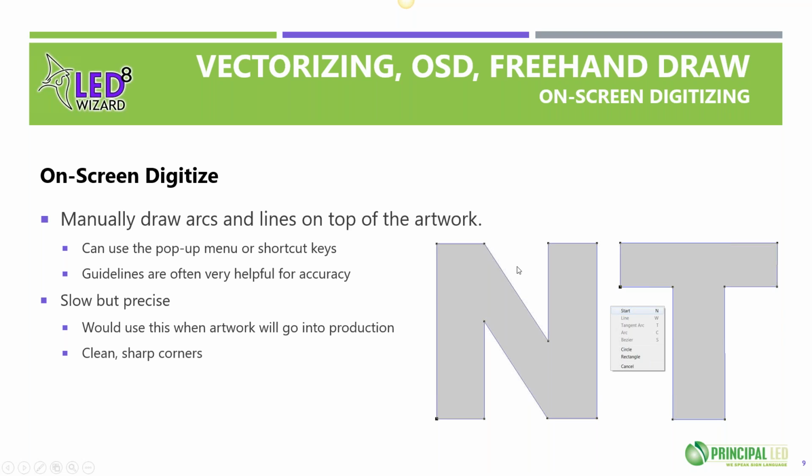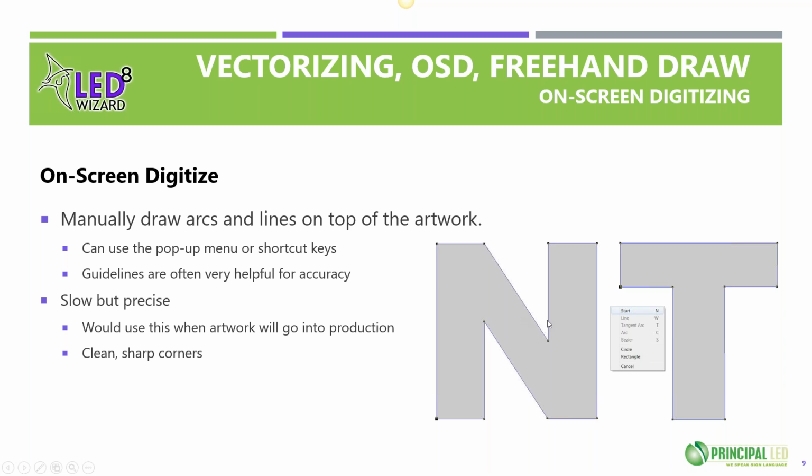You can either use this menu or use shortcut keys, right? So N for new, W for line, T for tangent arc. Basically, you position the mouse where you want and either click for the menu and select it, or use the shortcut key, and you go around.